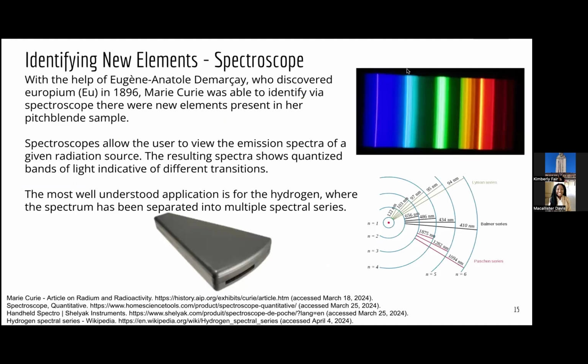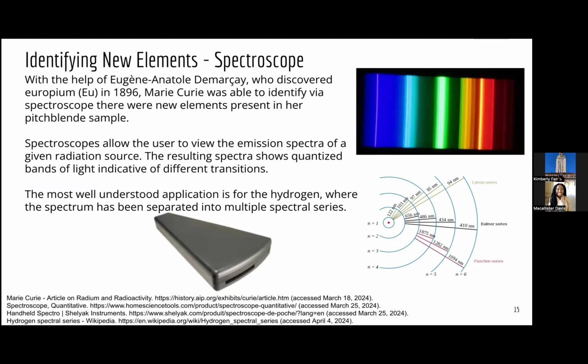One of the key factors in identifying both polonium and radium was the spectroscope. With the help of known spectroscopist Marquet, they were able to identify unique emission bands in the spectra from the radiation emissions.